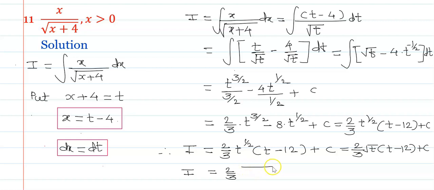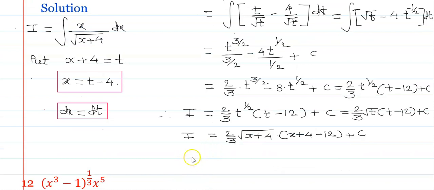A root of x plus 4, into the value of t, is a x plus 4 minus 12 bracket complete, plus c. And the final answer is here.